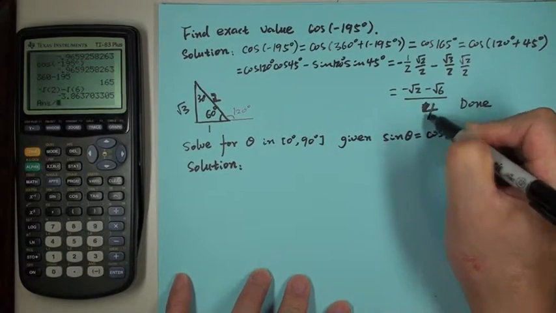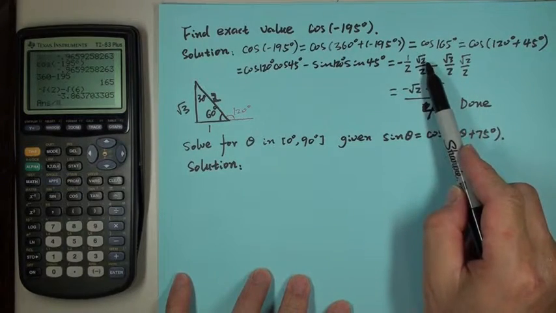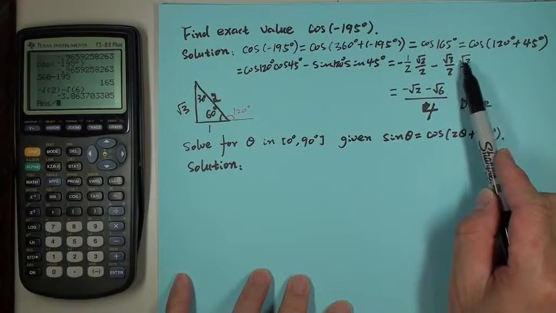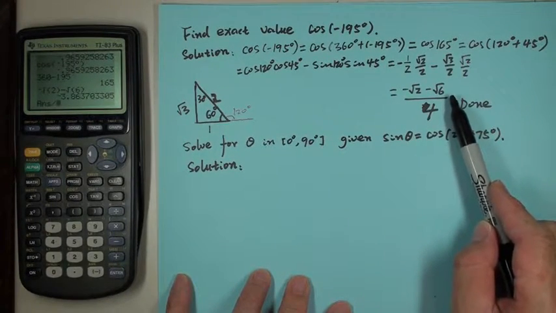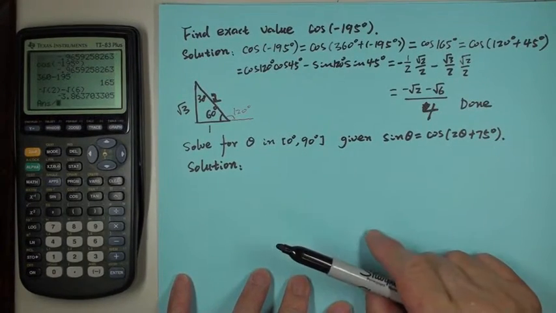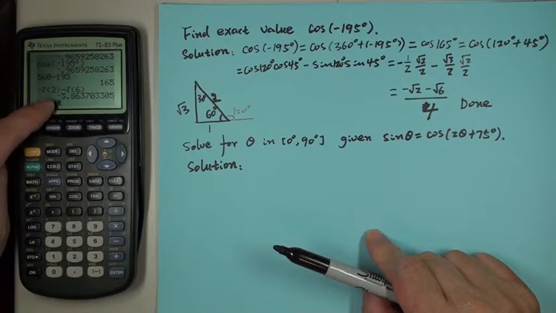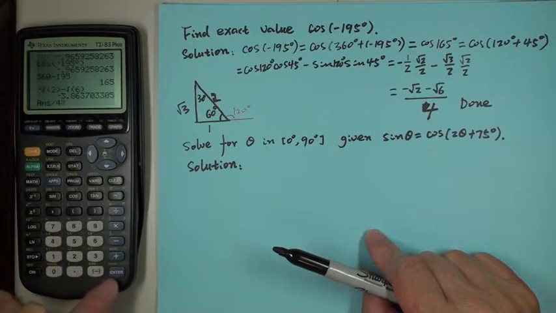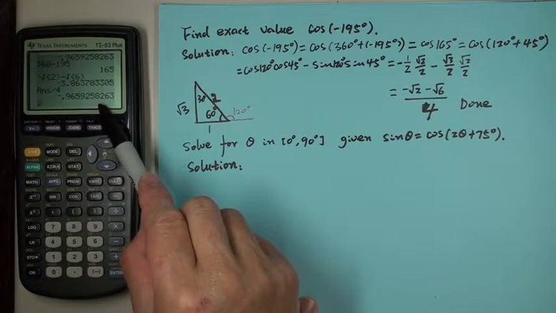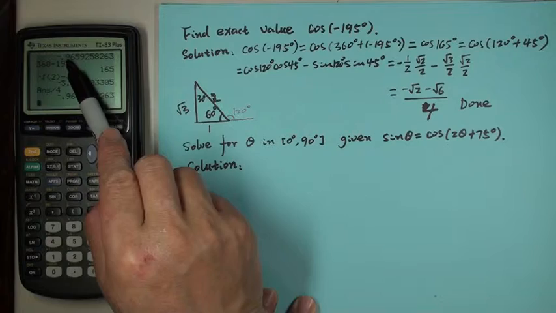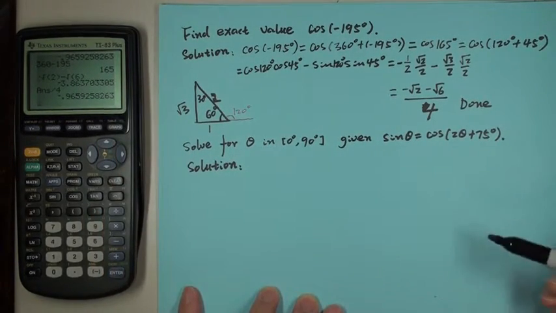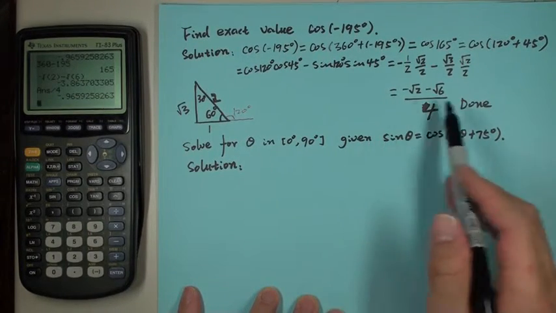So 1 times radical 2 is negative radical 2, minus radical 3 times radical 2 is radical 6, and 2 times 2 in the denominator is 4. If you divide the numerator by 4, you have negative 0.965925. That's equal to the approximate value over there. So we are done with the first one.